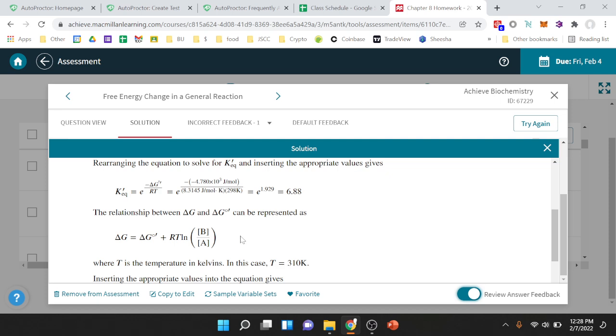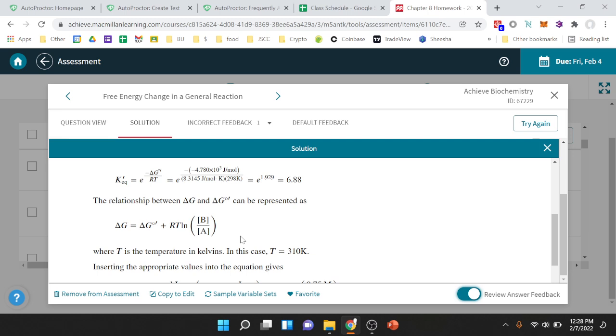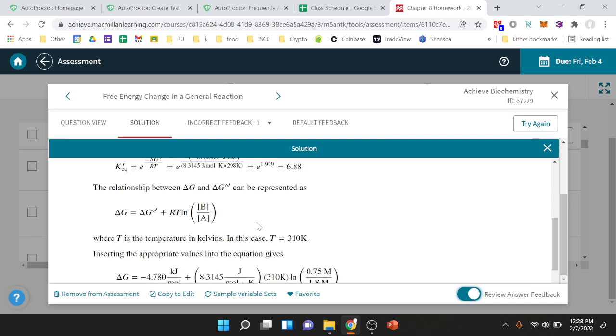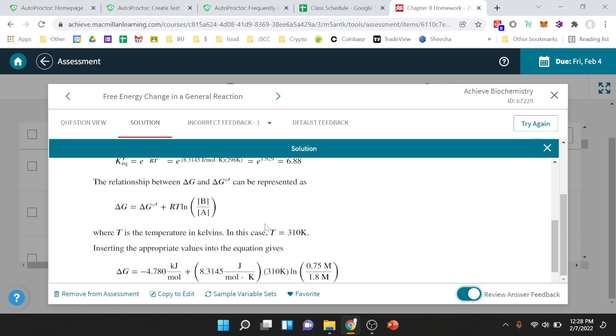Okay, that is important, though in biochemistry, you pretty much always have it like that. It's very uncommon to not have 1-to-1 ratios. All right. So again, the T would be 310 Kelvin, right? That 37 degrees, I guess.